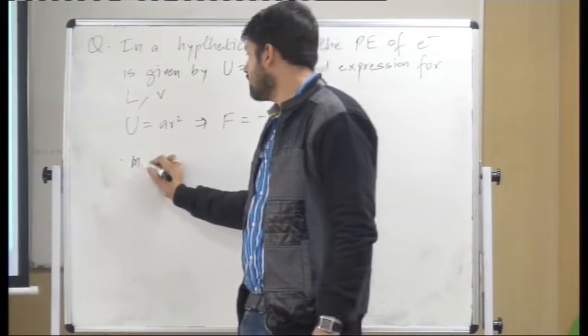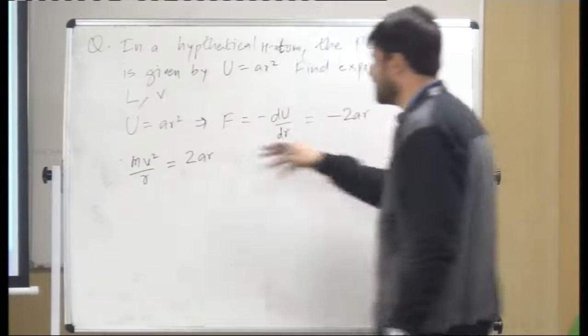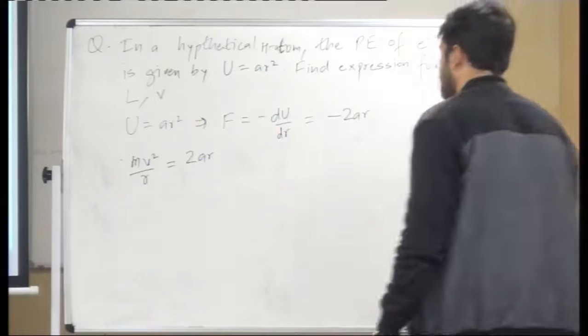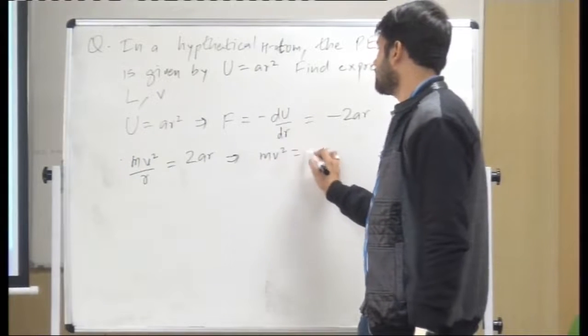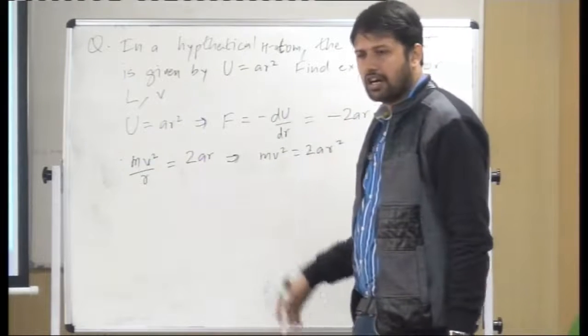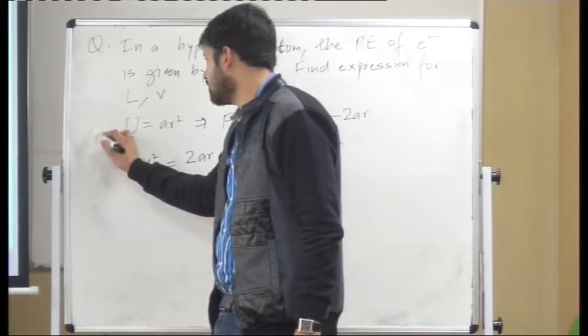So mv square by r is equal to 2AR. I'm dropping the negative sign because we know it is attractive. Okay, so only the expression we are using. mv square is equal to 2AR square. Another form, another postulate is, this is using the first one.